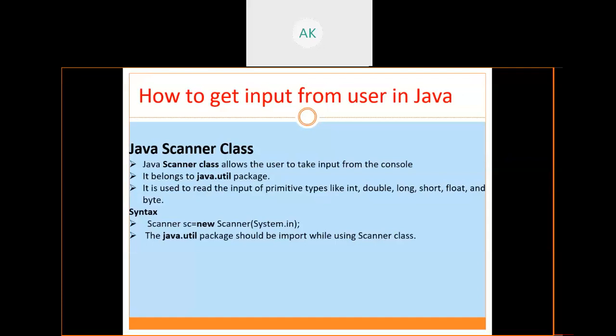Likewise, whenever we want to take input from the user in Java, as Java is an object oriented programming language, we have to make use of certain classes and objects, right?